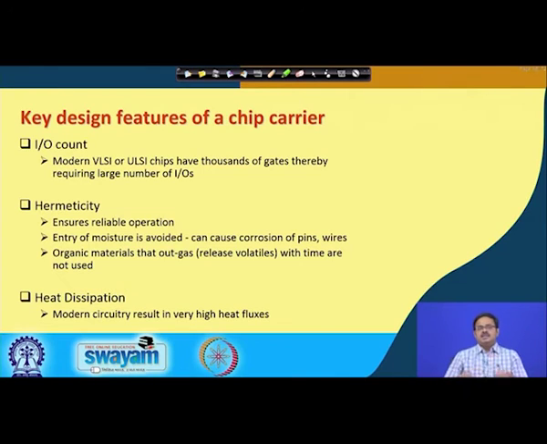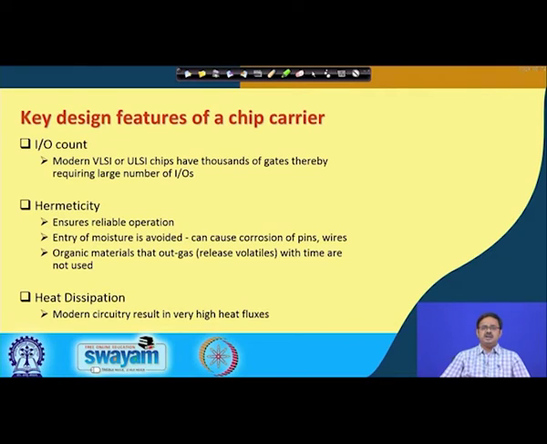The second one is hermeticity, sealing it and protecting it from outside factors. Moisture is a killer. If you are talking about circuits or devices that operate in hot and harsh environments, packaging for that is very essential.